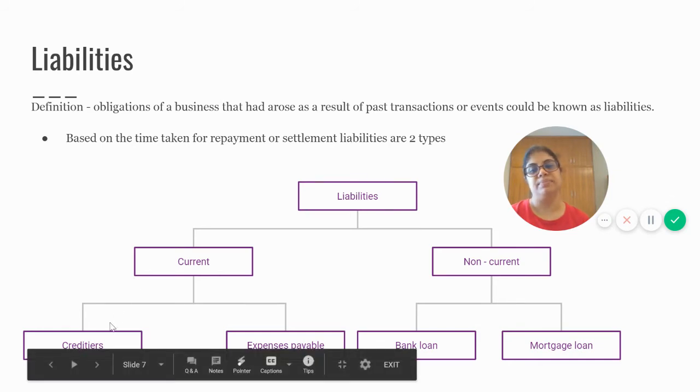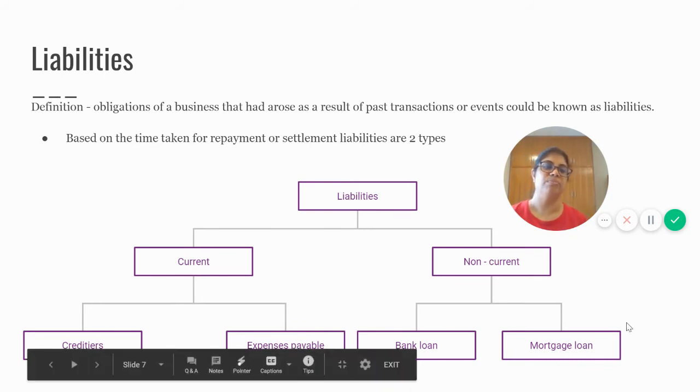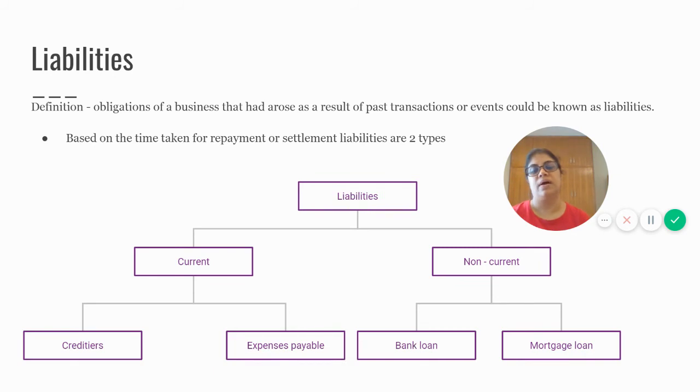The examples will be creditors, trade creditors, and expenses payable under current liabilities. And when it comes to non-current liabilities, bank loans and mortgage loans, which have an existence of more than 12 months or one accounting period, will be considered as non-current liabilities.